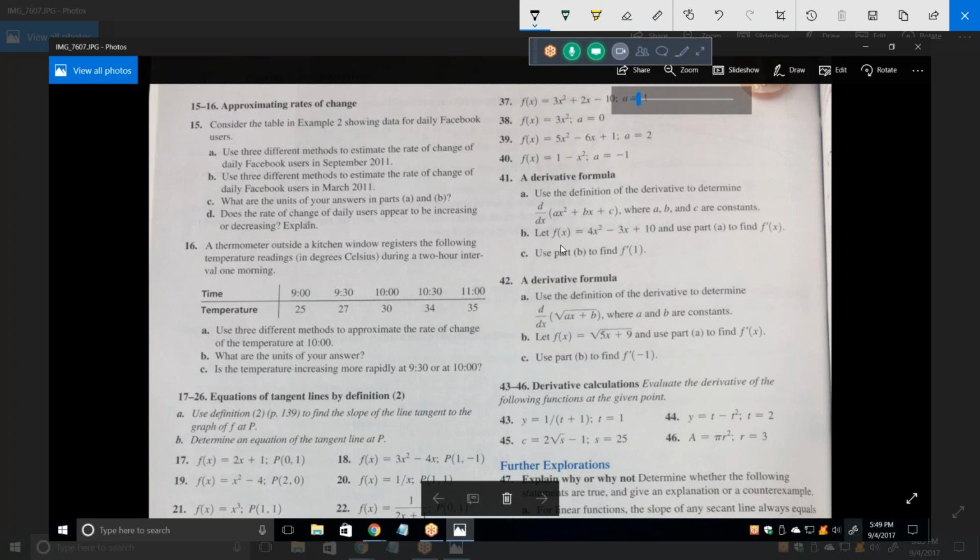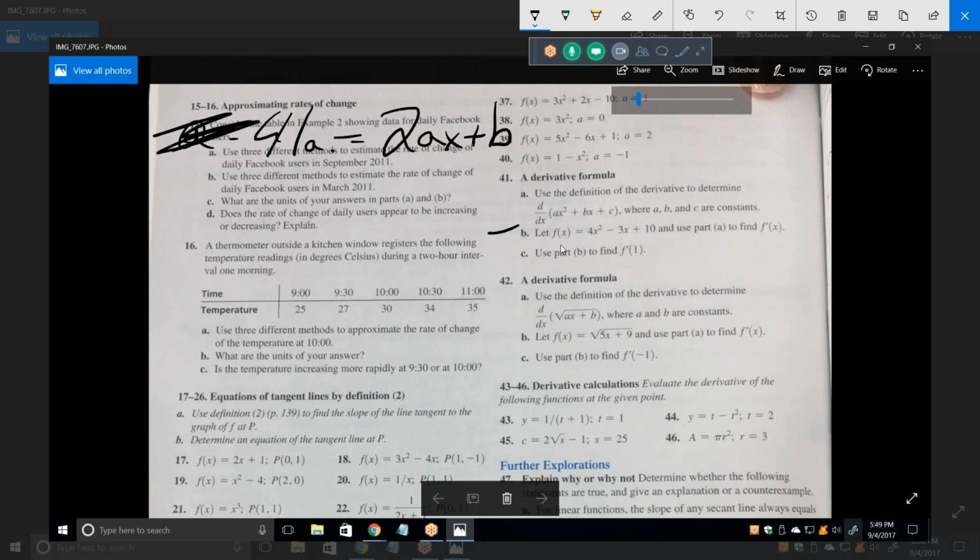Hold on. The answer to a, in other words, the derivative, this a is not the same as the a's here. Let's say 41a was the derivative function 2ax plus b. And now notice that they've given us a quadratic that merely has a different a, b, and c.